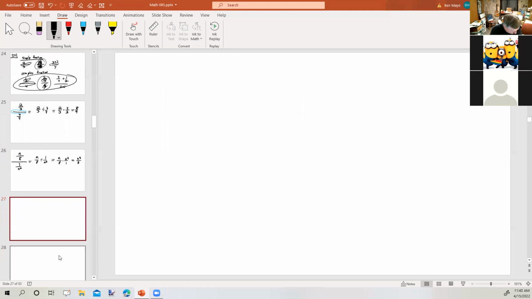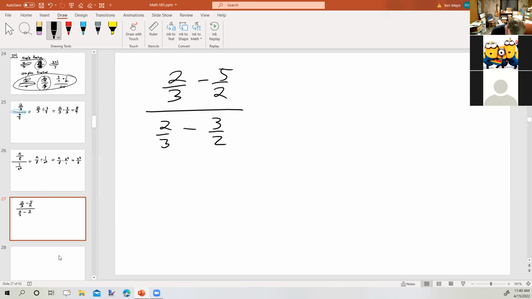But now let's look at some other things where that method doesn't work, at least not initially. Let's say we've got 2/3 minus 5/2 over 2/3 minus 3/2. So we've got more than one fraction in the numerator and more than one fraction in the denominator.